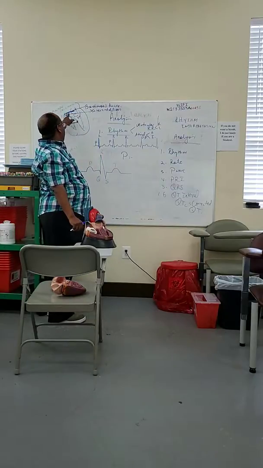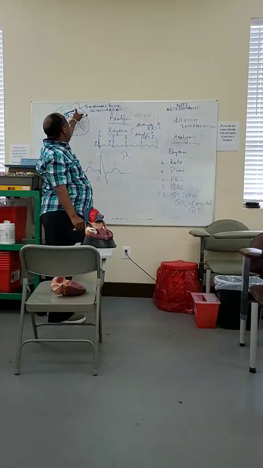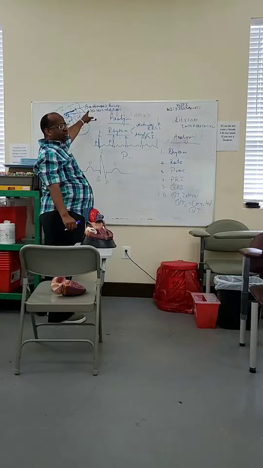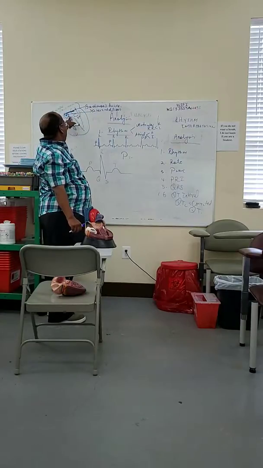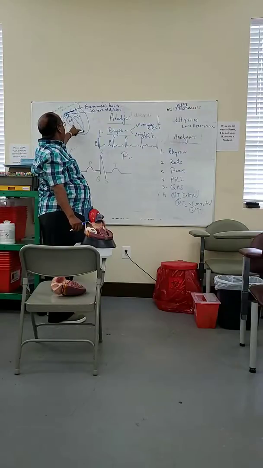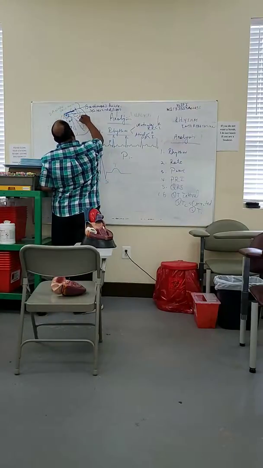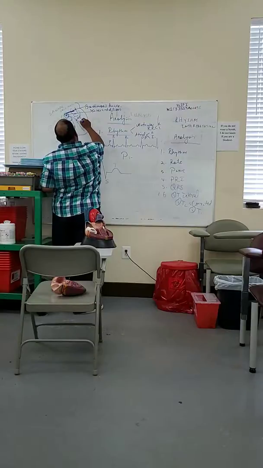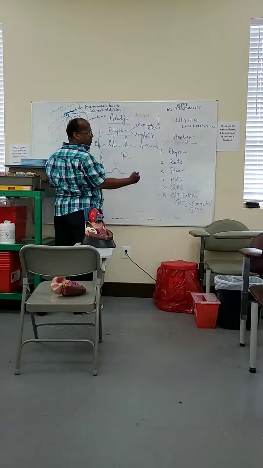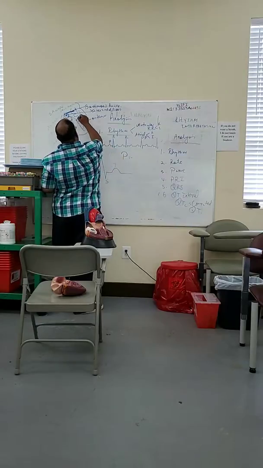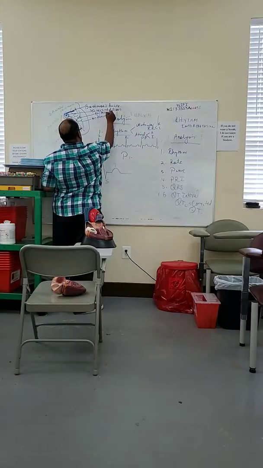Okay, so 3 internodal fibers take it to the AV node. Bachmann's bundle takes it to the left atrium. And then from the AV node, it goes through the bundle of His, and it goes to the right and left bundle branch, then to the Purkinje fibers. Okay? Right and left bundle branch have 2 fascicles, like the anterior one, that goes on the anterior or the front surface of the ventricles, and the posterior. So there are 2 fascicles, anterior and posterior fascicles.